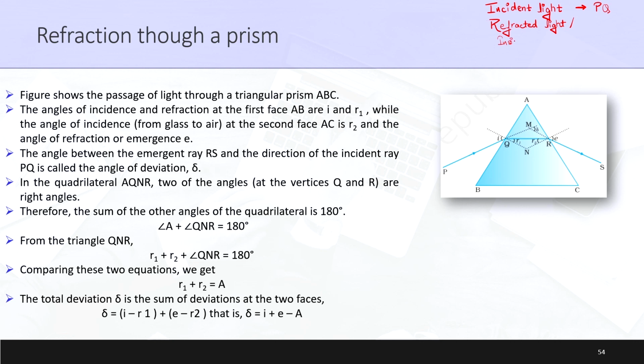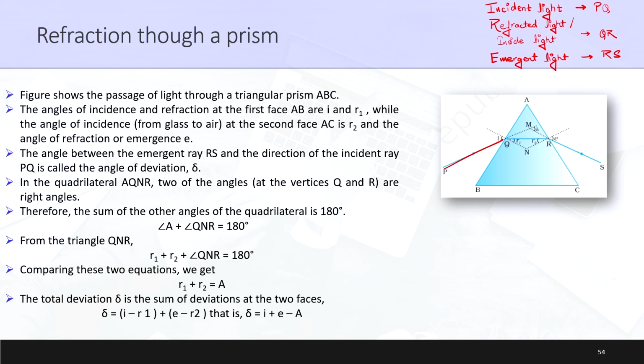This is just my denotation only, there is no need to remember it as inside light. This is nothing but your QR, and then there is the emergent light, which is RS.